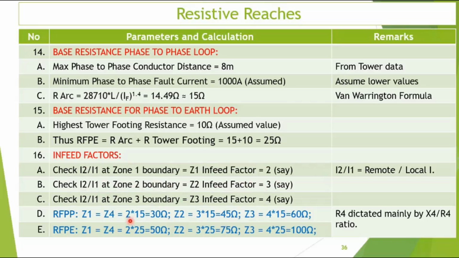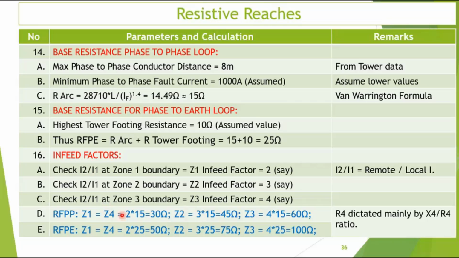And this factor you multiply by your base resistances to get the resistance coverage which is necessary. Why you are multiplying, I feel you understand, because the fault resistance is going to get multiplied by this remote bus infeed, but the relay is not going to see that.